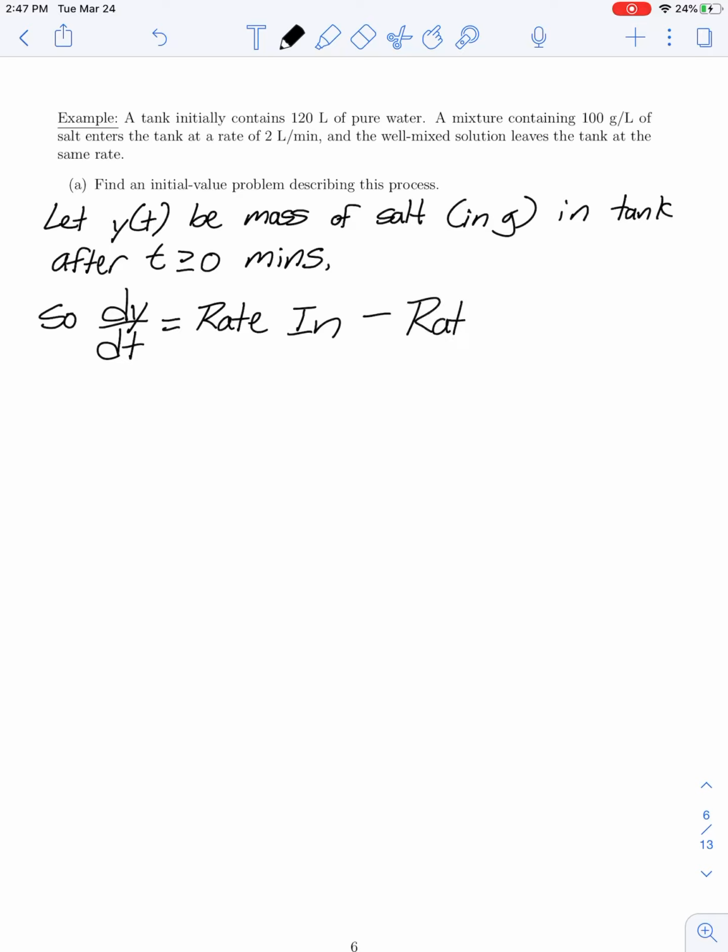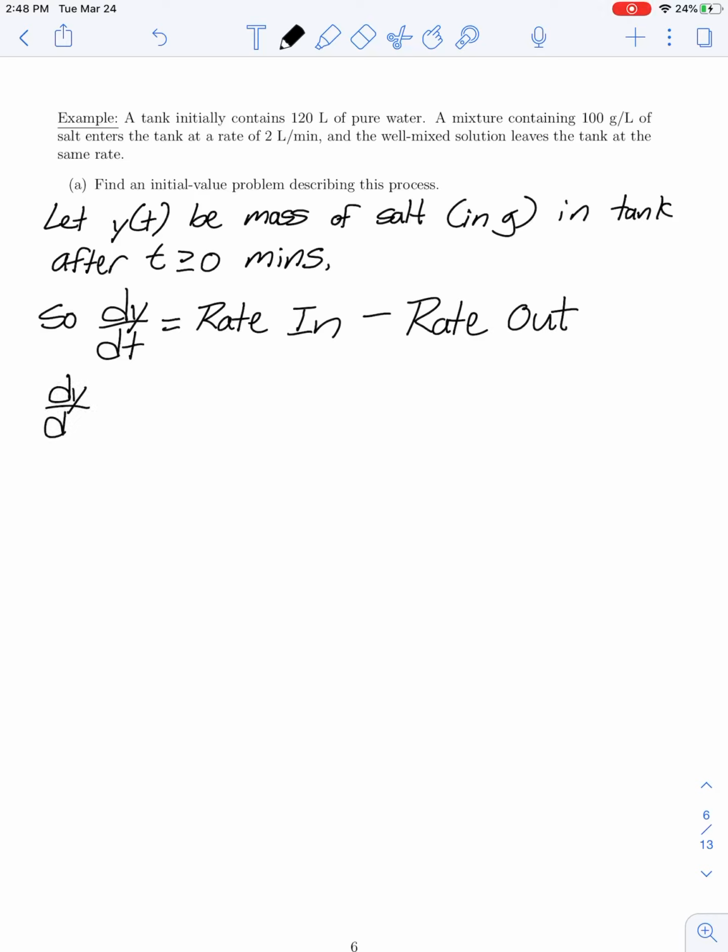So a negative value for the derivative, for the rate at which salt is leaving the tank. So in general, the rate of change for our salt content will be the rate at which salt is coming into the tank minus the rate at which salt is leaving our tank. So let's see if we can find these rates of change.